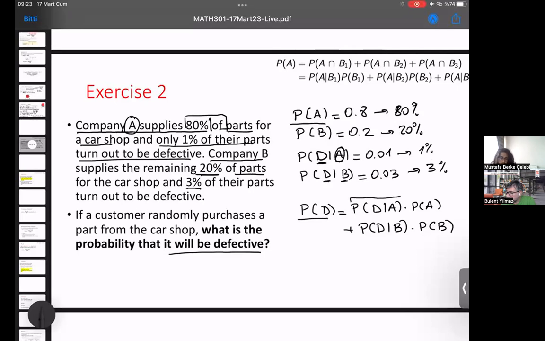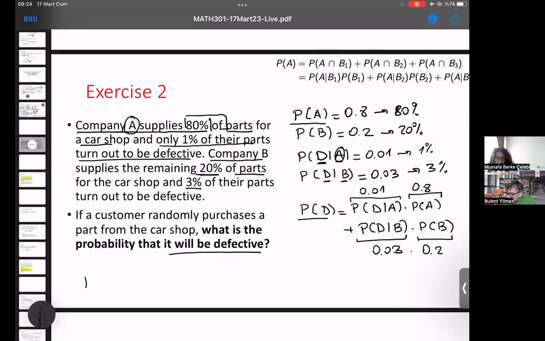What is this? Probability of defective given A, it is 0.01. What is probability of A, the part coming from company A, it is 0.8. This is 0.03, and this is 0.2, right?